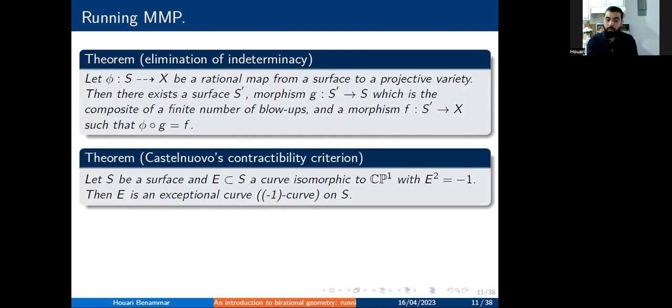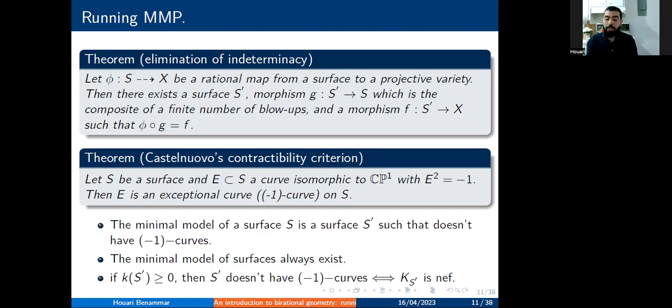Then E is an exceptional curve, or a -1 curve, on S. By this theorem, we can always contract all the -1 curves. That means we start with a surface S which doesn't have good properties, for example the canonical divisor is not positive. By this theorem we can contract all the -1 curves, and the process terminates, and we get a good minimal model for this surface. So this is very important.